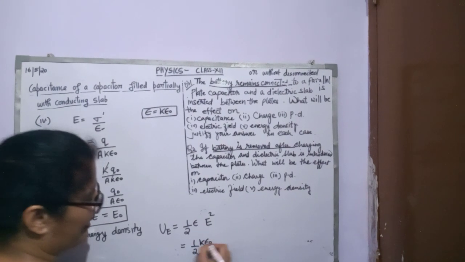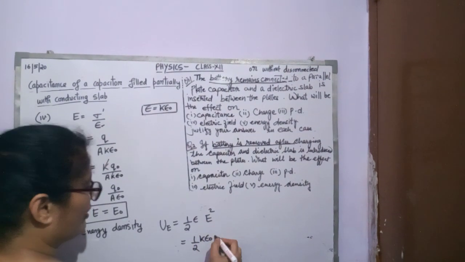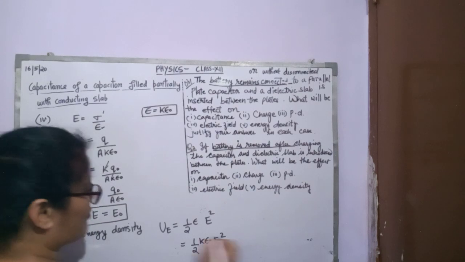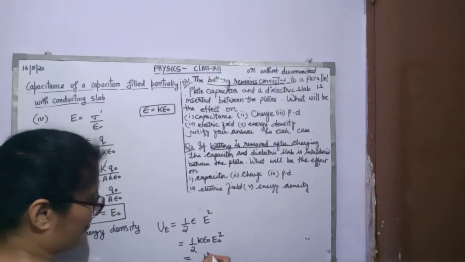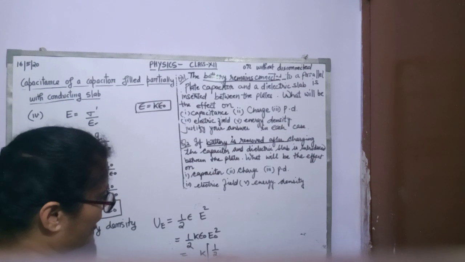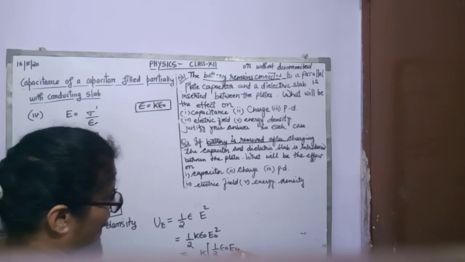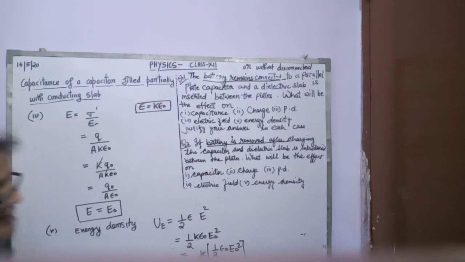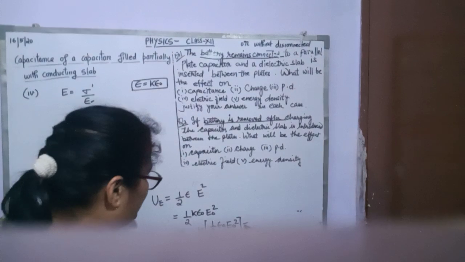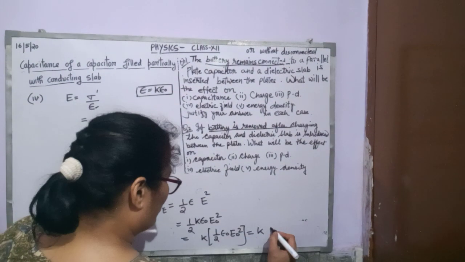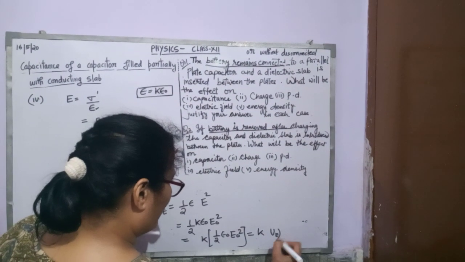K epsilon naught. And what about E? That means E naught, the whole square. That means now K comes outside and we get half epsilon naught E naught square. And this is the energy density when no dielectric slab is inserted between the plates. You can say K UE naught.